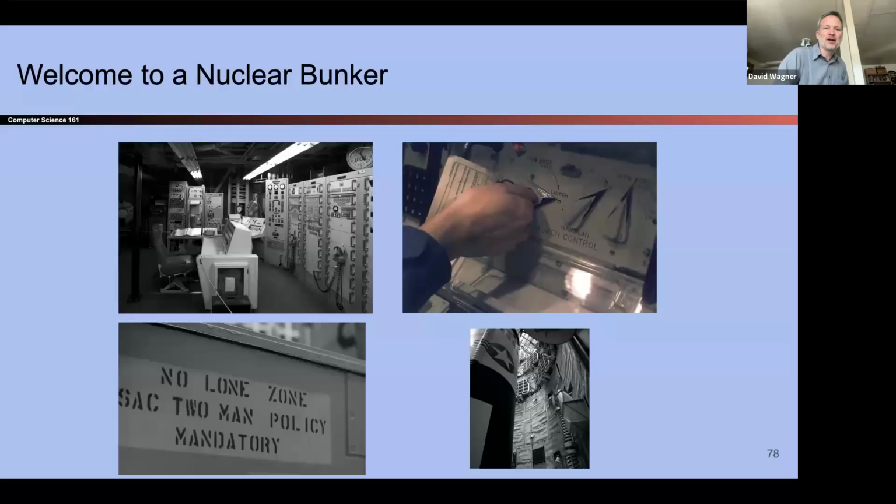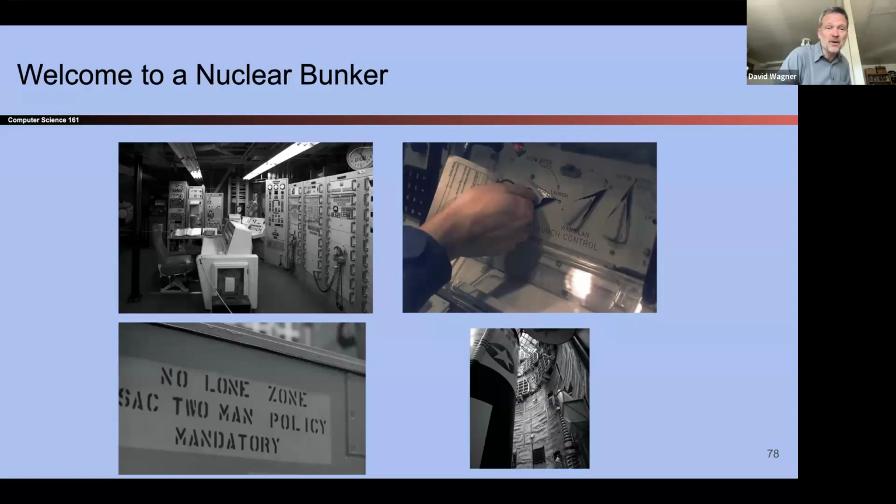All right, let's do another example. This is cool. I read an account of someone who toured through a bunker, a nuclear missile silo bunker. It's buried deep underground, protected. They have multiple officers there manning these silos where there were nuclear missiles stored and ready to launch if commanded by the president.